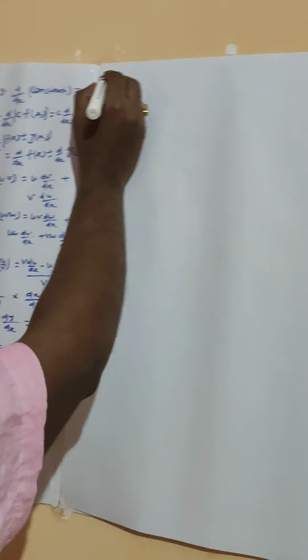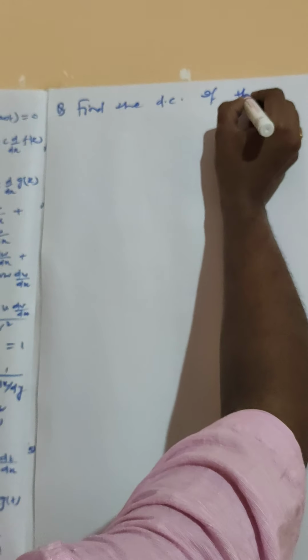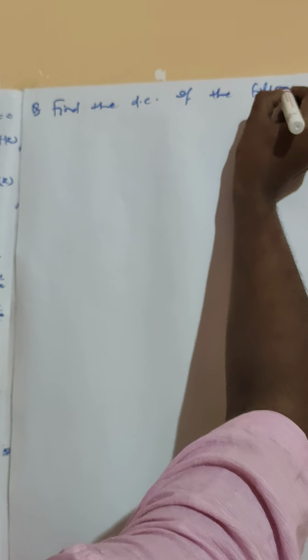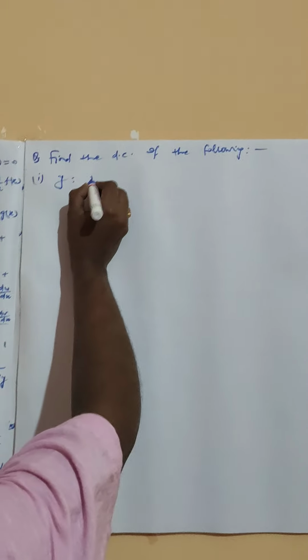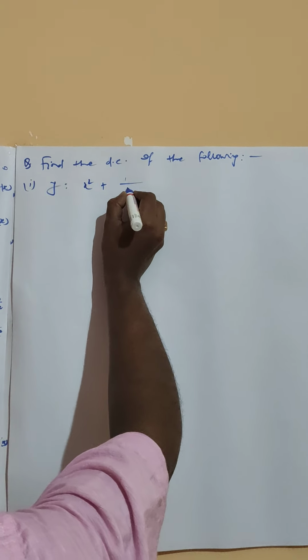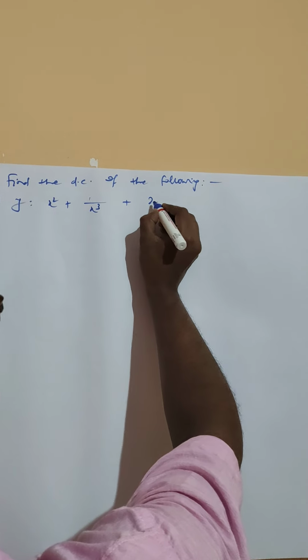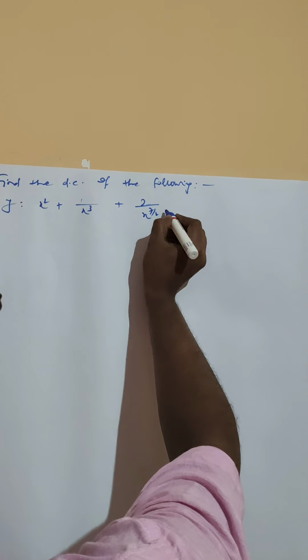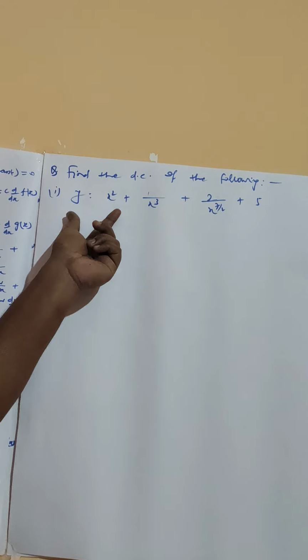Some questions: find the derivative of the following. This function is given, and how can we differentiate?